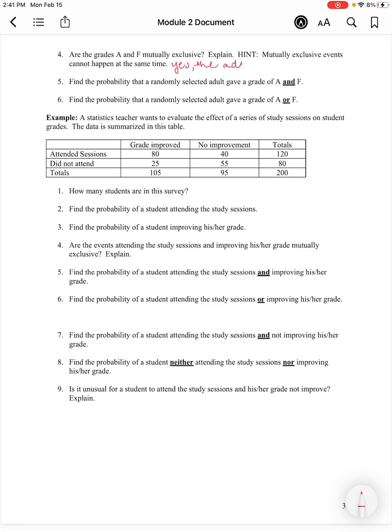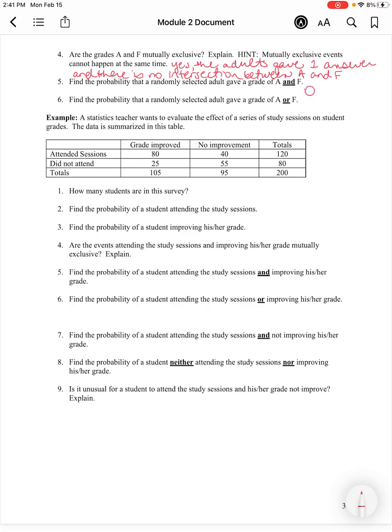The adults gave one answer and there is no intersection between A and F. So find the probability that a randomly selected adult gave a grade of A and F. That would be 0.